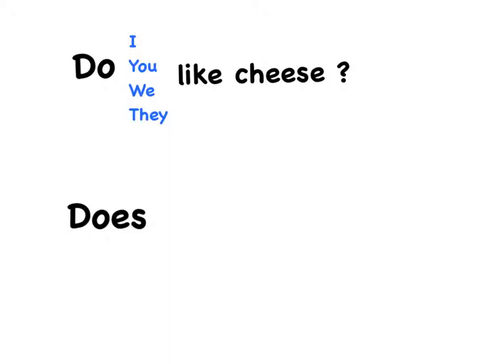For the people I, you, we, they, we ask the question, do we like cheese? Do they like cheese? Do you like cheese? Do I like cheese? To answer those questions, we're going to say, yes, I do, or no, they don't. For example, do Stephanie and Bob like cheese? Yes, they do.